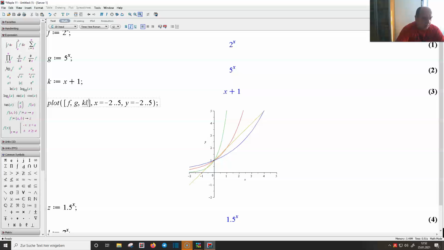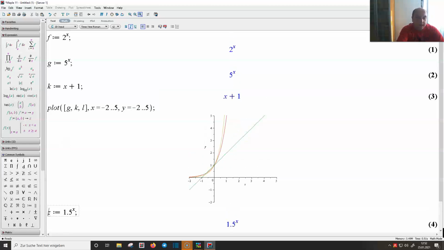We don't care about F anymore. Let us see what is happening if we're having G, K, and L. So G is 5 to the power of x, as you can see, and L is 7 to the power of x.